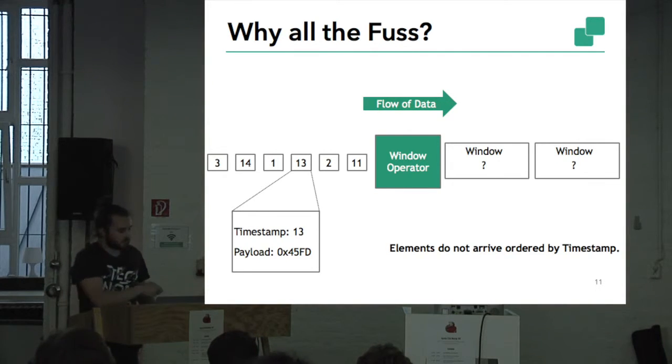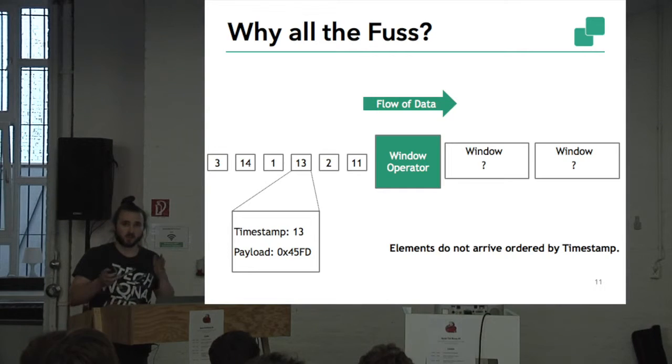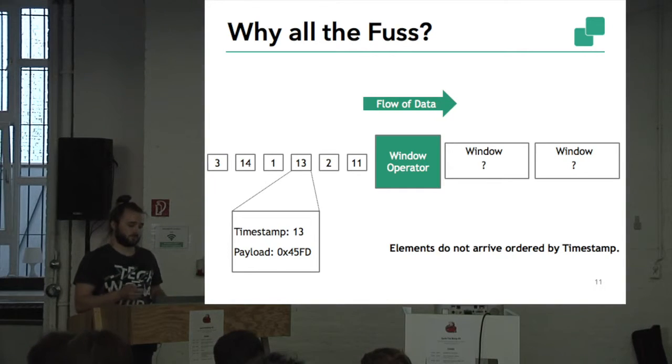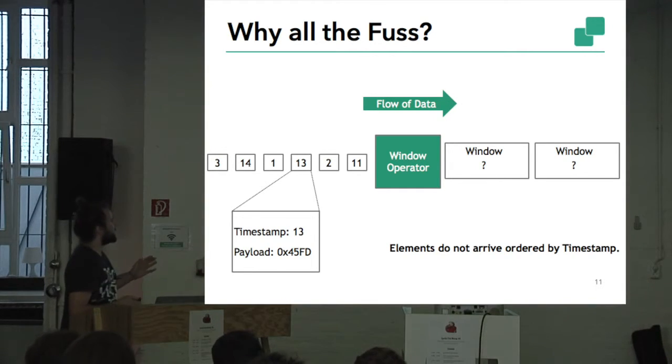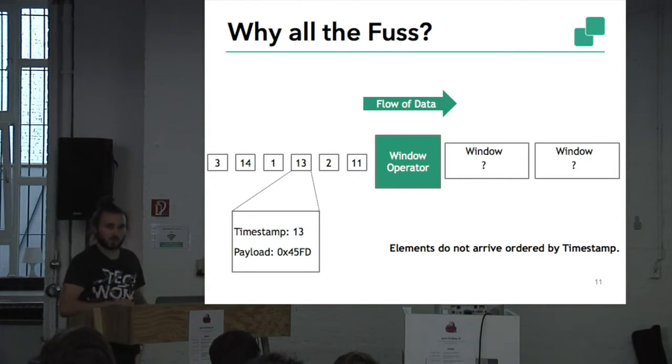The elements flow into the window operator, and then the operator should emit these windows or do operations on windows. And the question here is, which elements are inside these windows? How do you group these elements with the timestamps into windows to perform operations on the windows?